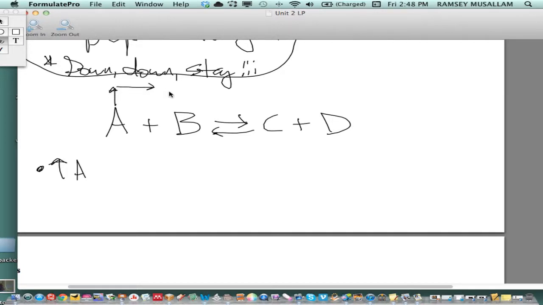Away. So the reaction shifts to the right, which is the same thing as the products. Feel me on that?